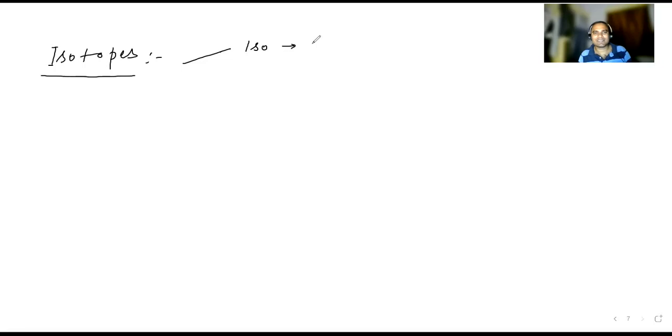Good, good. See, isotopes: iso means same, and topes means atomic number, same atomic number. So isotopes means what?